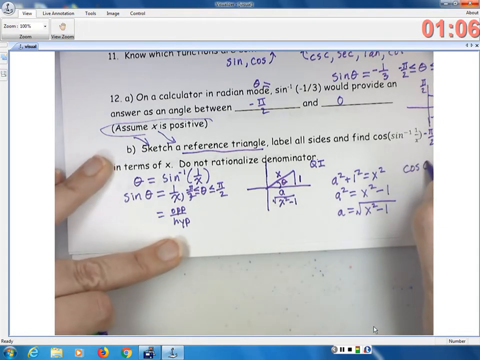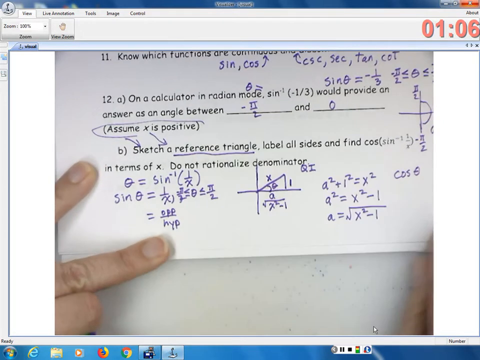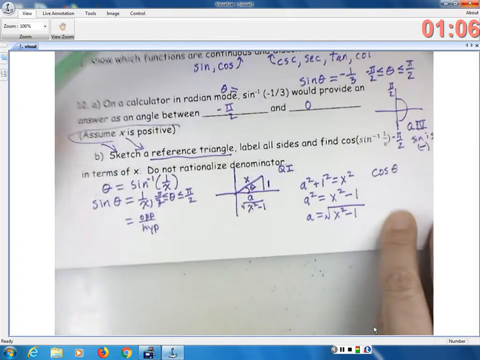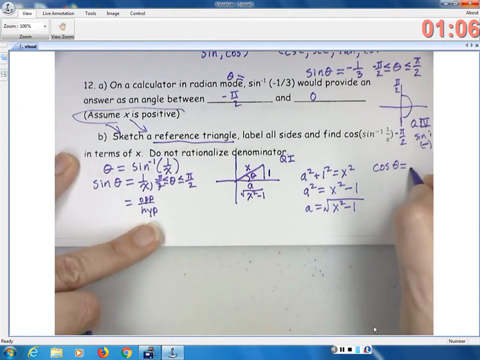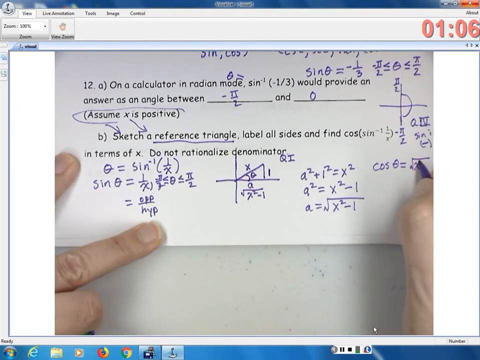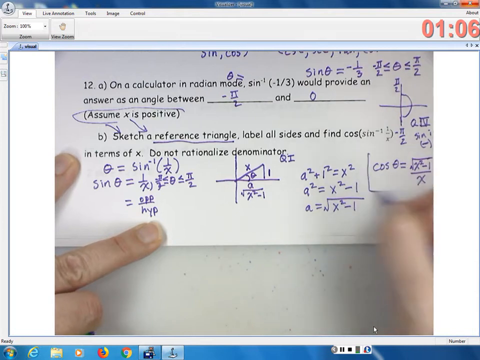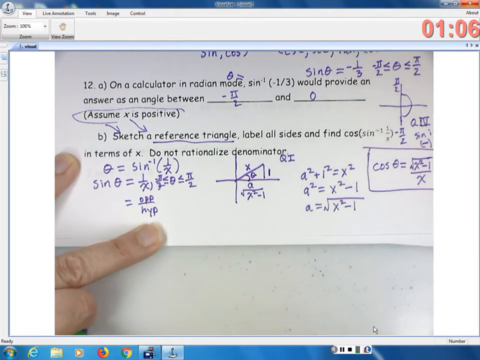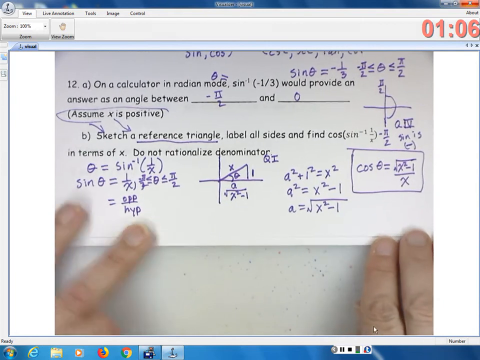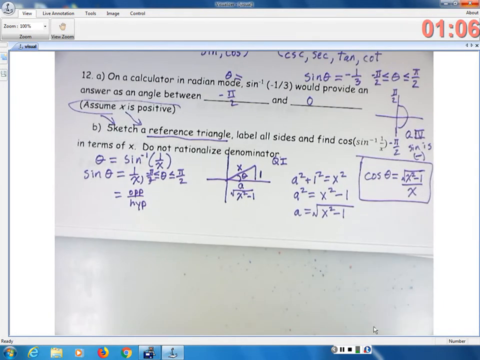Cosine of theta. We draw on our triangle. Cosine of theta is adjacent over hypotenuse. And we don't have an x in the triangle.